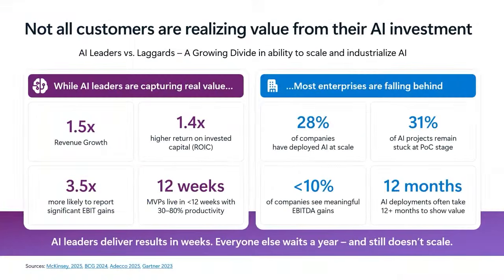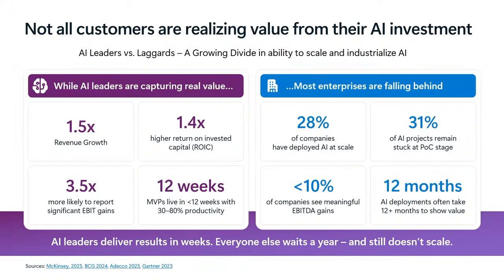So before I kick off, I would like to start off with the problem or the challenge that our customers are facing in their AI use cases going to production. And this slide has various details based on various research that you see here. But the key thing probably that sticks out for me is that for companies that have figured out how to get their AI use cases to production, it takes them around 12 weeks to do that.